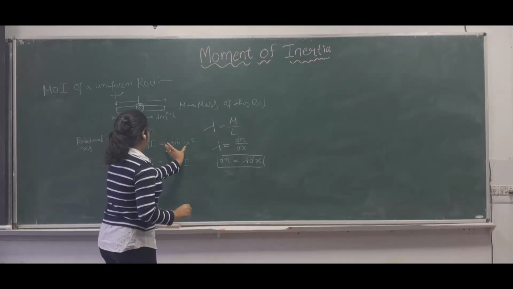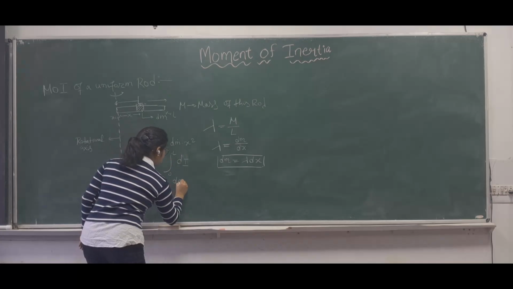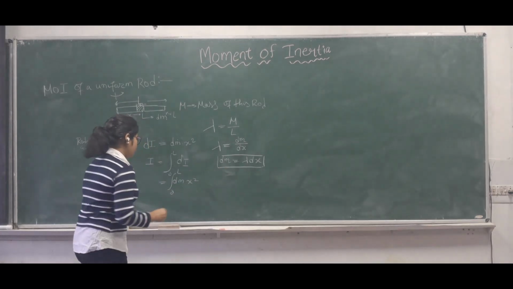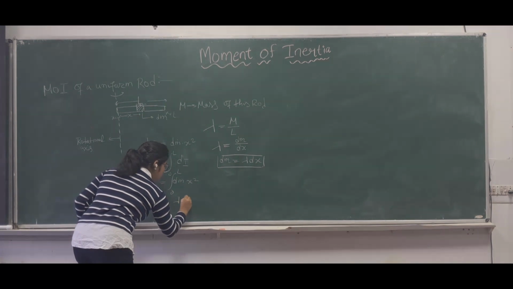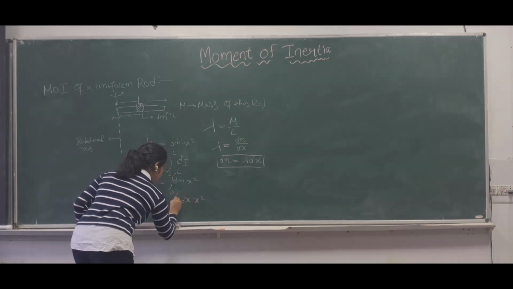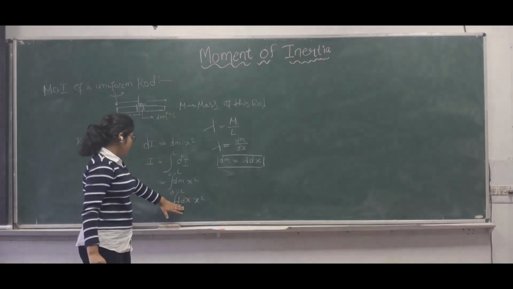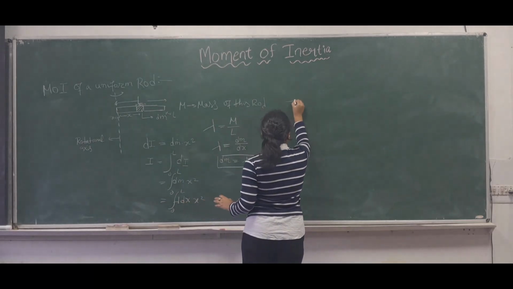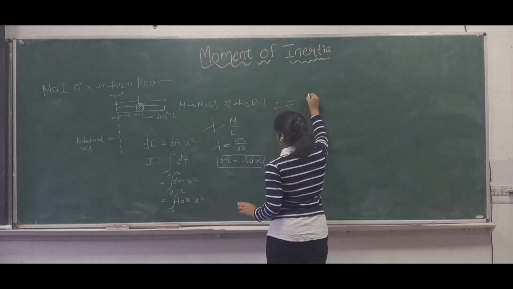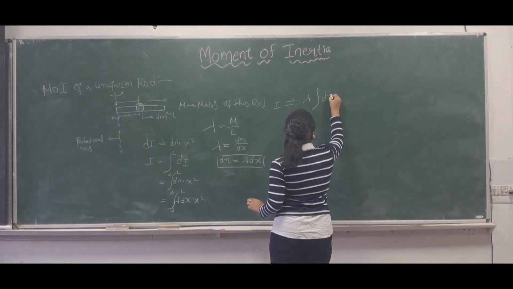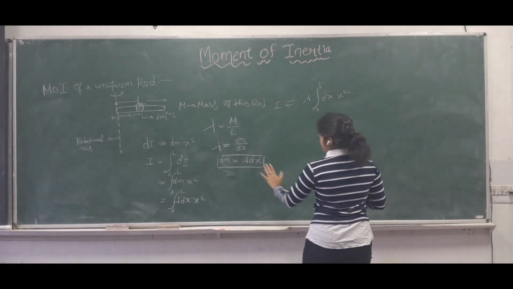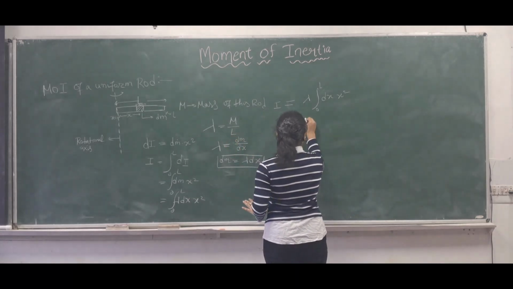Now put the value of dm, lambda times dx. Here lambda is a constant, so lambda is taken out of the integration. Therefore, I equals lambda times the integral of x square dx, where lambda is mass per unit length.